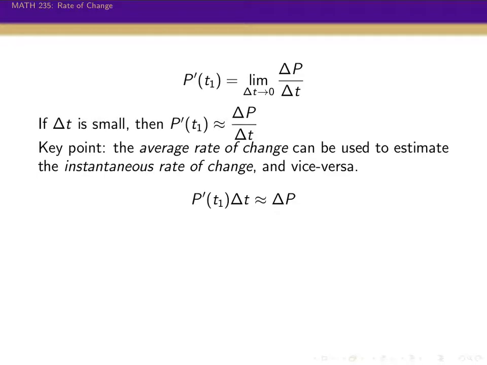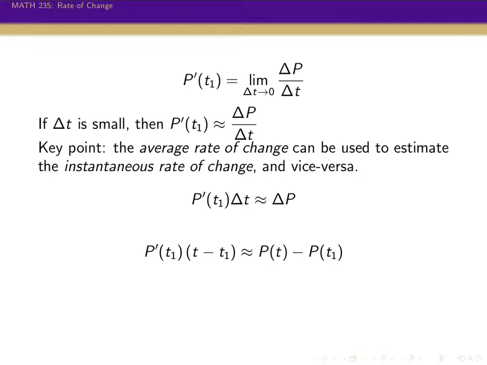Okay, and so thinking in this way, if I multiply delta t to both sides, we get the derivative times delta t is about equal to the change in p. If we unravel what the delta t and the delta p mean, delta t is the change in time. I'm thinking about t as being my variable, and we're keeping t1 fixed.